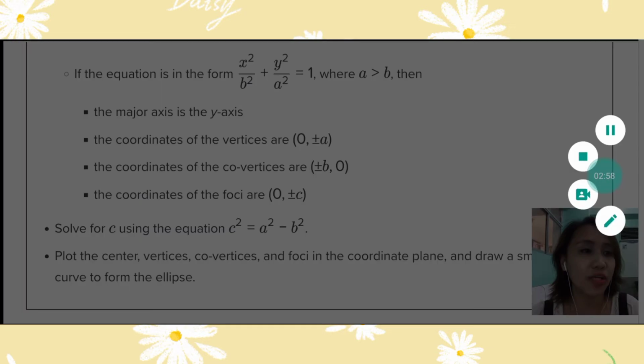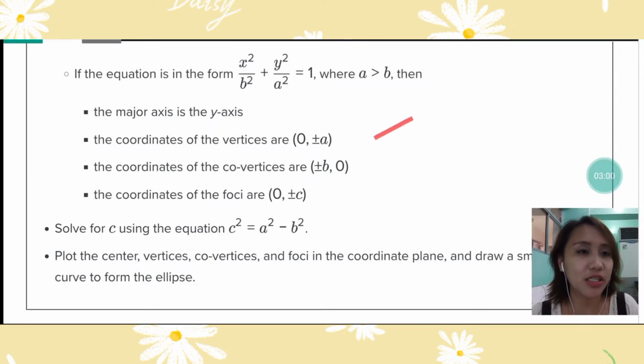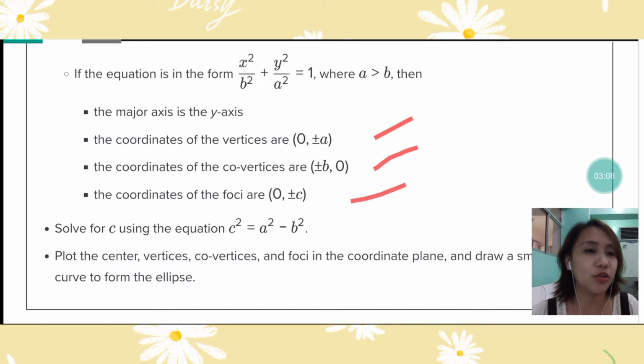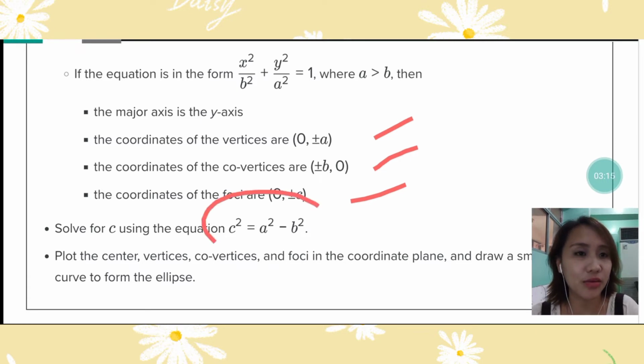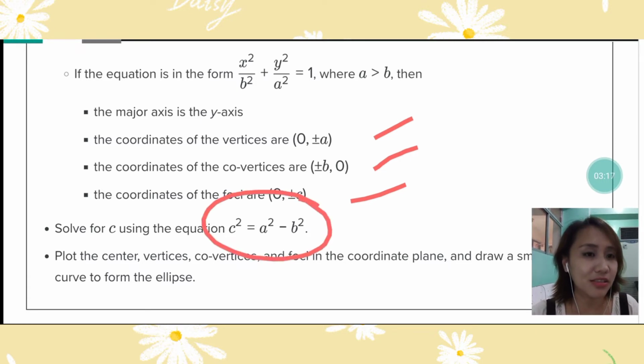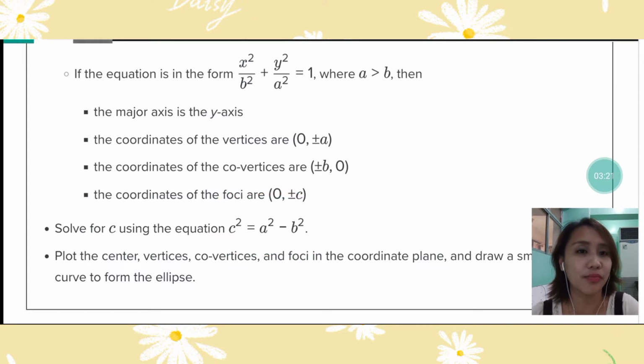The coordinates of the vertices are 0, plus minus a. The co-vertices are plus minus b, 0. The foci are 0, plus minus c, since again this is vertical. And for c, we use this formula: c squared is equal to a squared minus b squared.